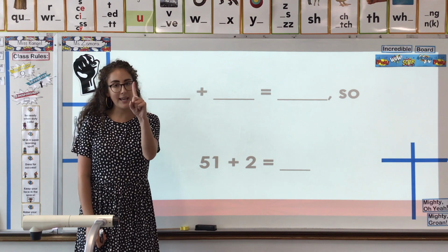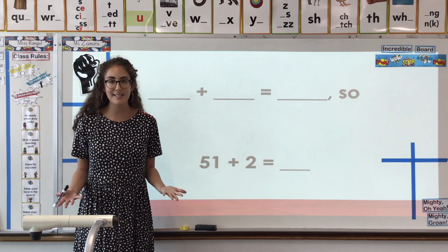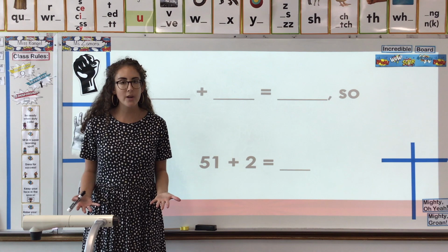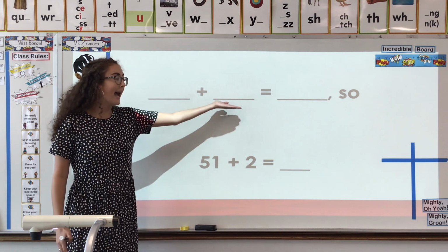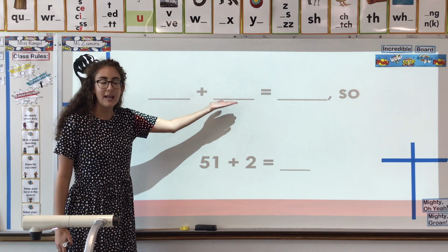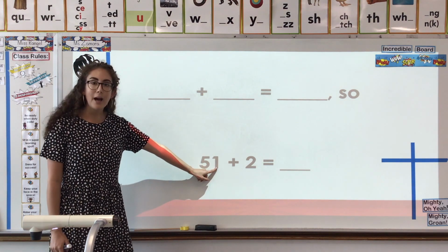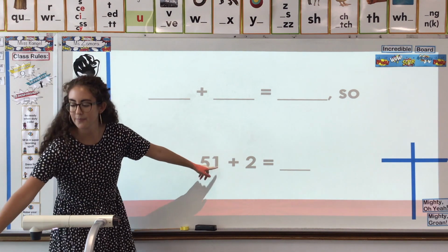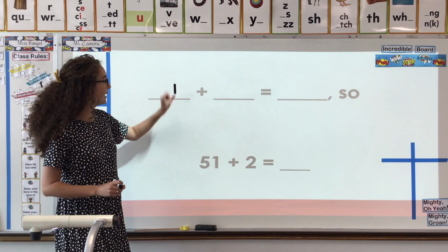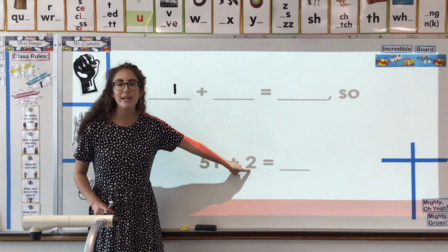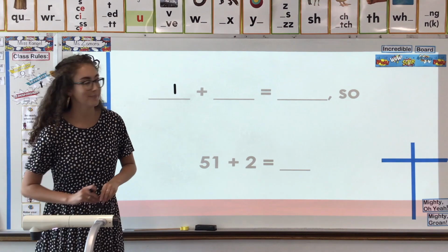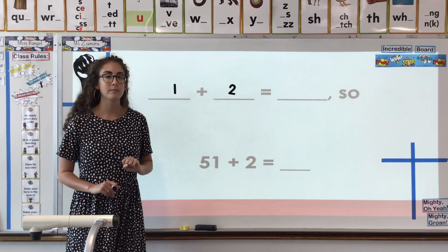The ones place, that's it. So all we have to worry about here is adding our ones together. That will be our simpler equation. So how many ones are we starting with? Just 1. And how many are we adding? 2.